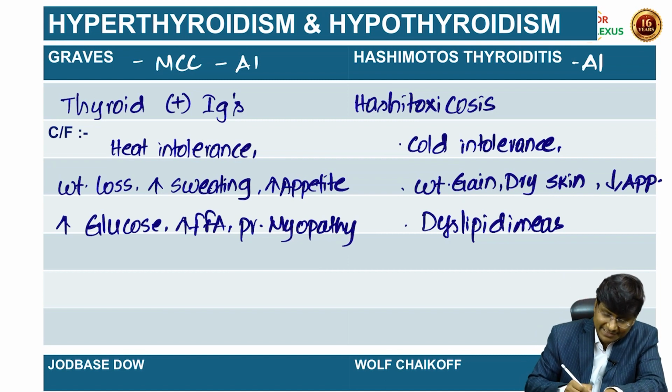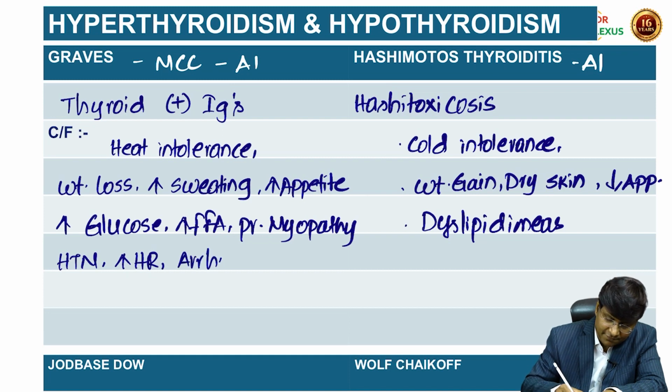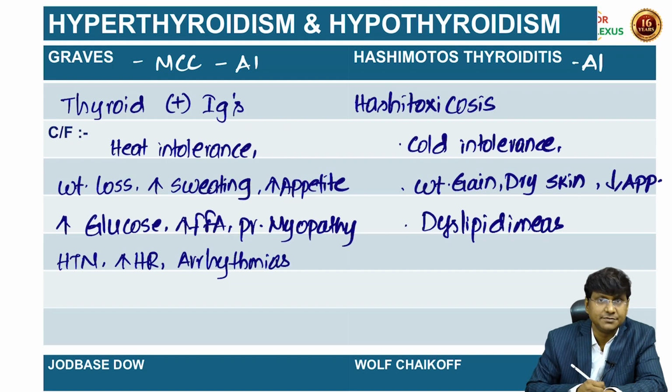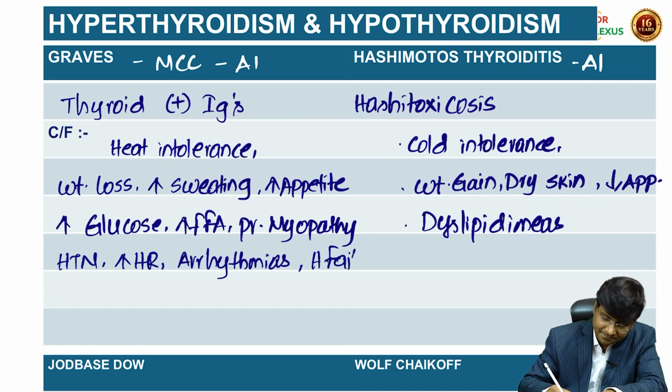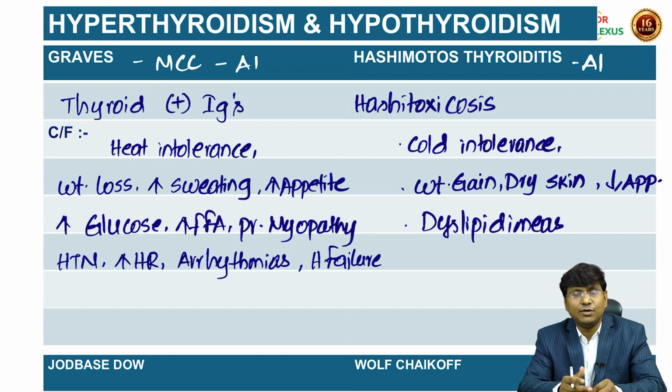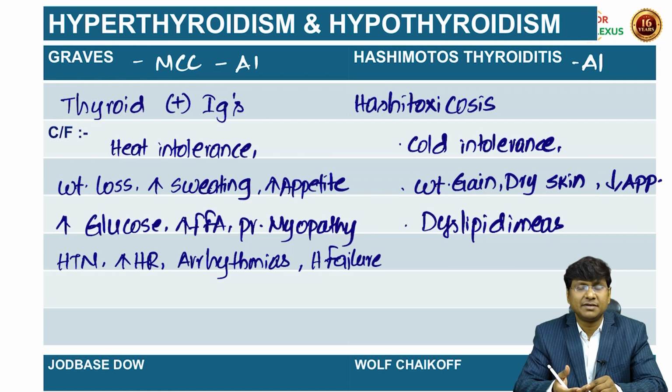Then, in the case of Graves, if you take the cardiovascular system features, there will be hypertension and tachycardia, and these patients are at increased risk of arrhythmias, very common being atrial fibrillation, and finally there can be development of heart failure as well. They will also have a mid-systolic murmur because of increased cardiac activity.